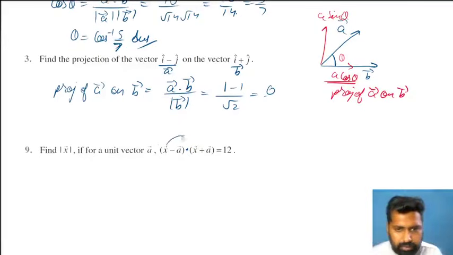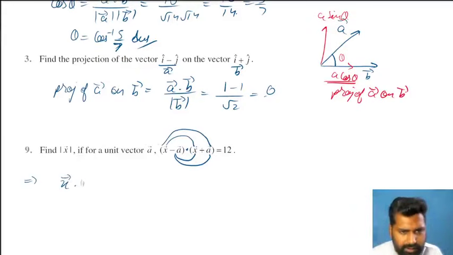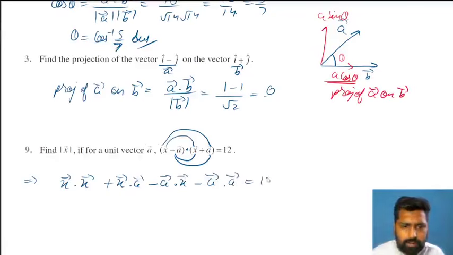Means we'll do dot product of x with x, x with a, then minus a with x, minus a with a. So it becomes x dot x plus x dot a, then minus a dot x, then minus a dot a, is equal to 12.